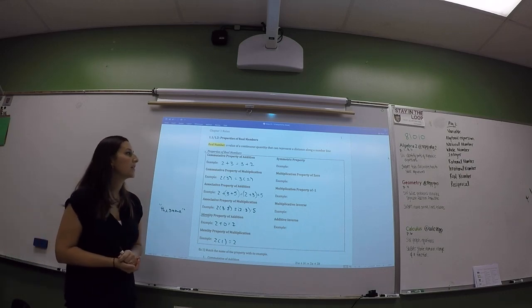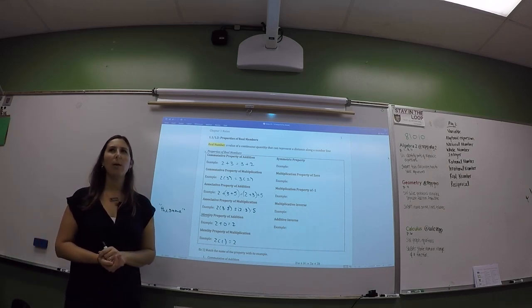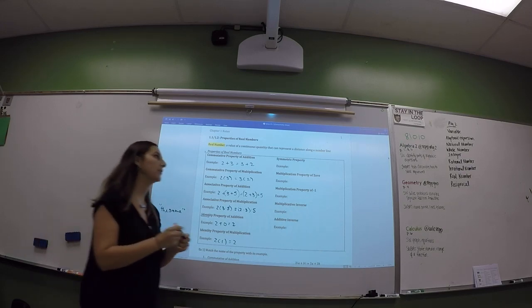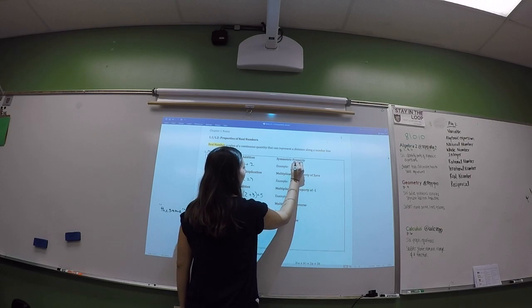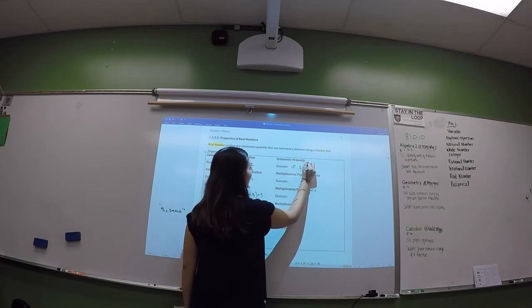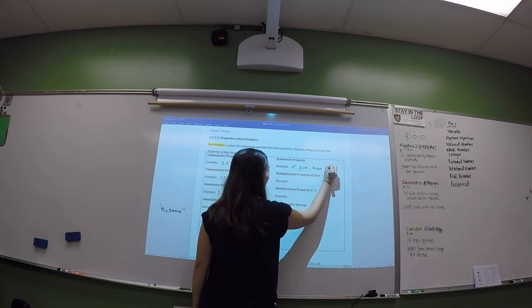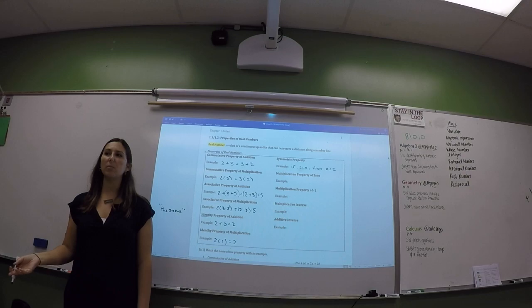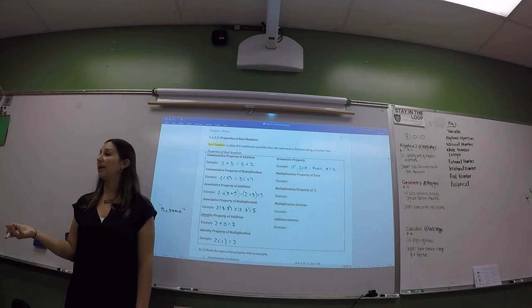Okay, symmetric property. You probably used this in geometry where you flip things around. It says if 2 equals x, then x equals 2. We'll use it more when we do inequalities.